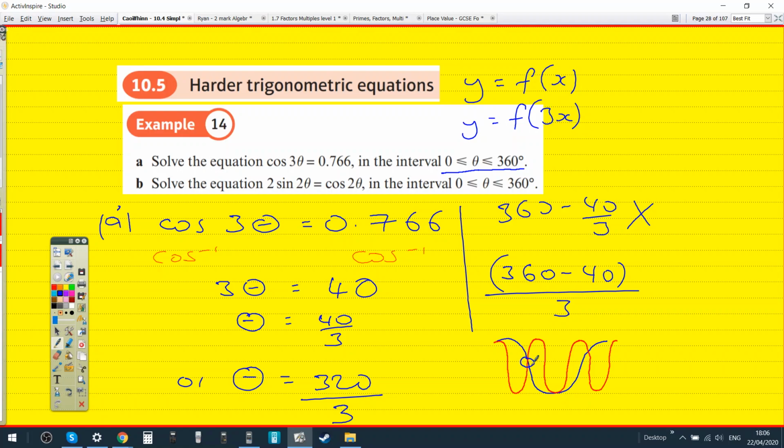But our second answer, we thought it would be somewhere here, but it's actually here, because the graph has been stretched.